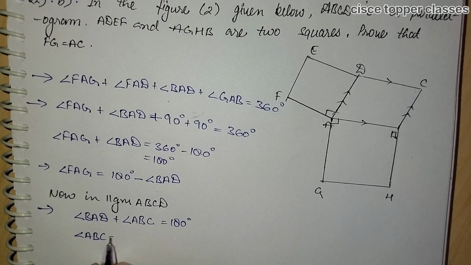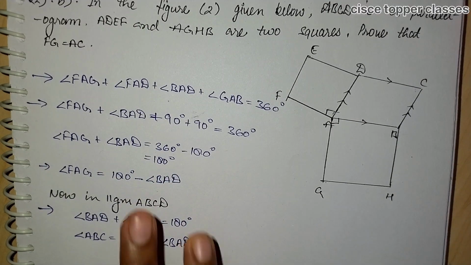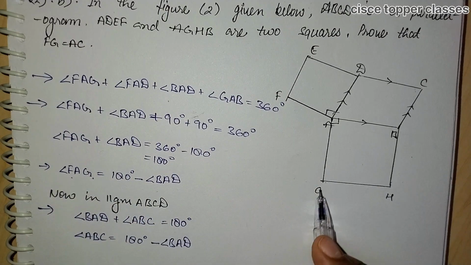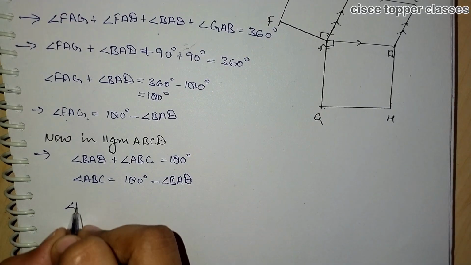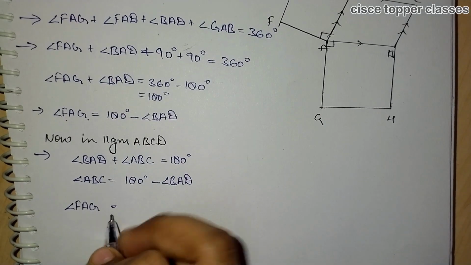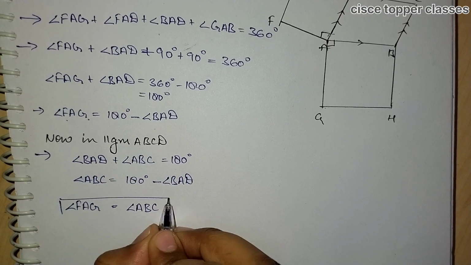Means angle ABC is equal to 180 degrees minus angle BAD. These both are the same thing, so we can write angle FAG is equal to angle ABC.